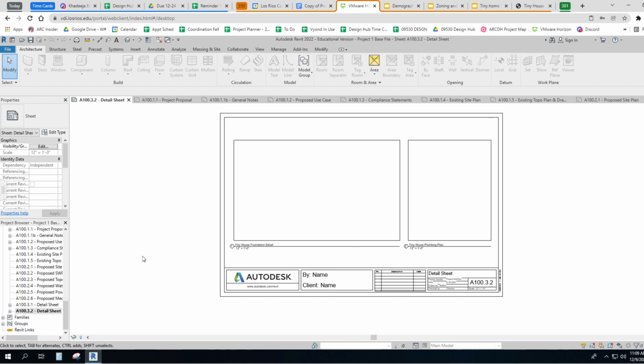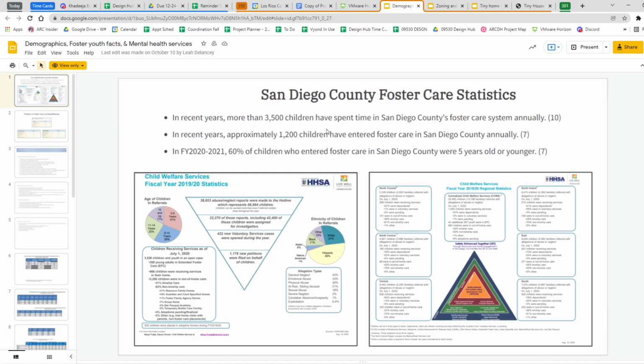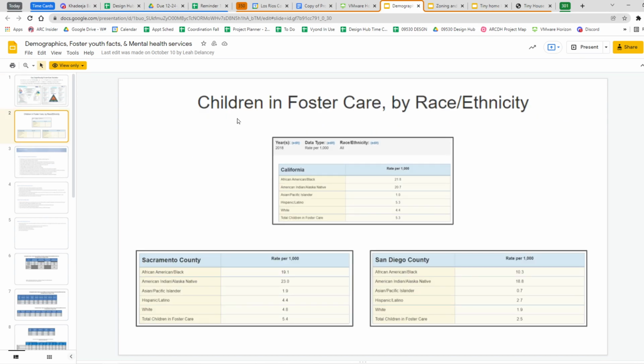And this was done by some of our Design Hub interns. As we were planning this, the proposal and the intent and everything, here is a set of statistics, and Leah produced this for us that talk about foster care and race and ethnicity, because this goes towards being able to meet the AFFH requirements, which you studied at the beginning of the semester.